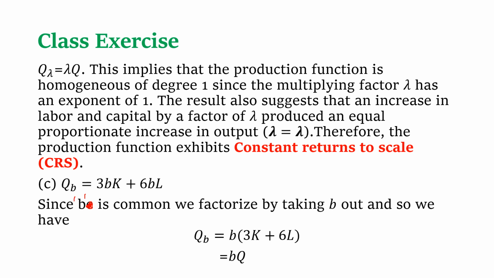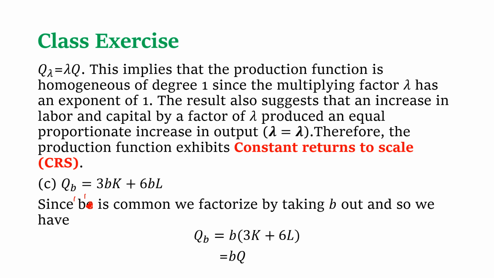Since B is common, we factorize by taking B out, and so we have QB equals what? B into 3K plus 6L, which is equal to what?